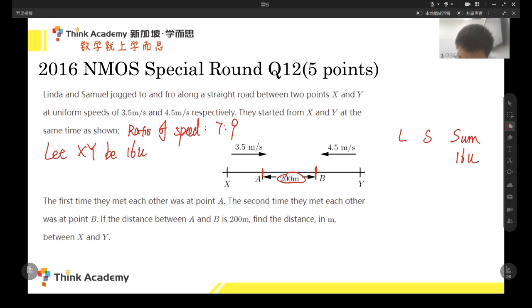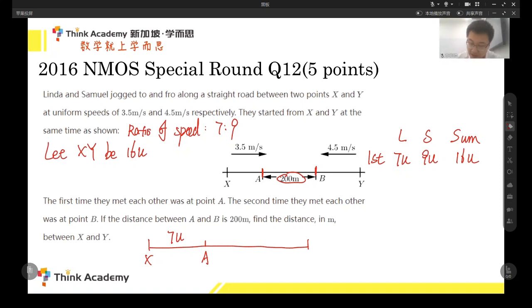So Linda should travel 7u and Samuel should travel 9u. This is the first time they met, which means we can determine the position of A. So A is here, 7u from X and 9u from Y.